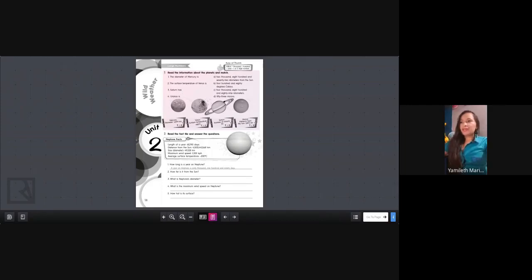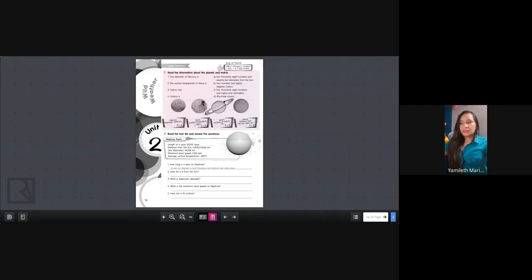According to the first exercise, what you have to do is read the information about the planets and match. This is the information we have. Remember to practice the numbers. Mercury diameter, 4,879 kilometers.